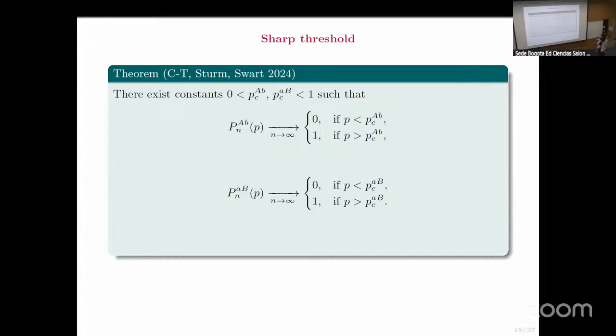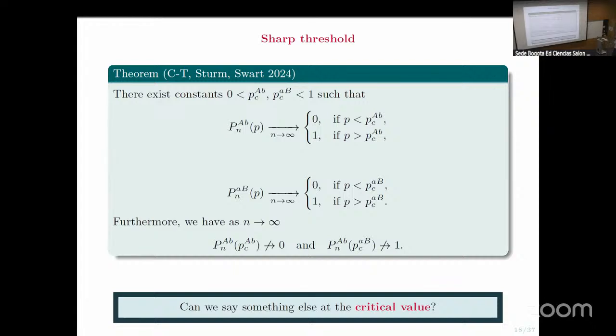We also show a similar result for the other case, where Alice has less influence in the game. You can see that something is missing, and what is missing is what happens at pc. We only show that for this game, this probability doesn't go to 0, and for this one, this probability doesn't go to 1. But for this one here, this probability can go to 1 or can stay at an intermediate value.